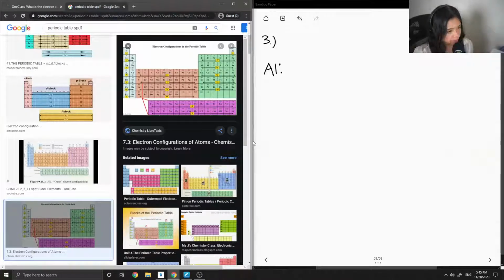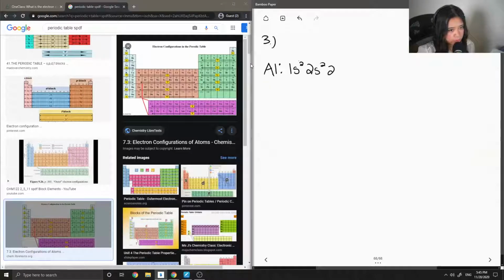So in the case of aluminum, let's start from hydrogen and then go across to get its electron configuration. So for aluminum, it is found here, and it just goes 1s2, 2s2, going to 2p6, and then 3s2, and then finally 3p1.